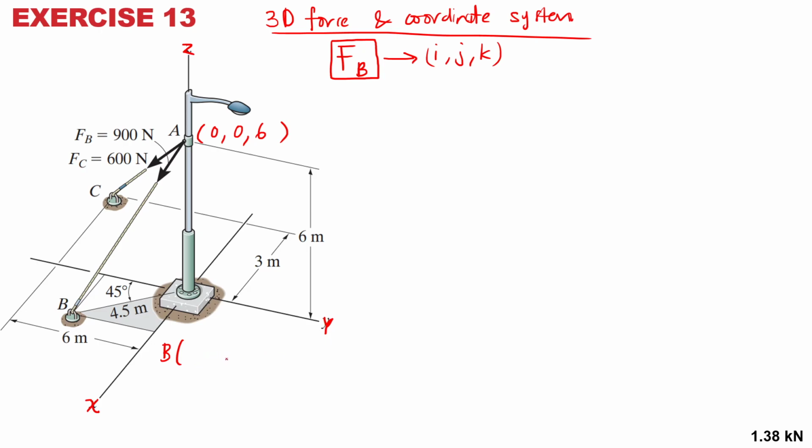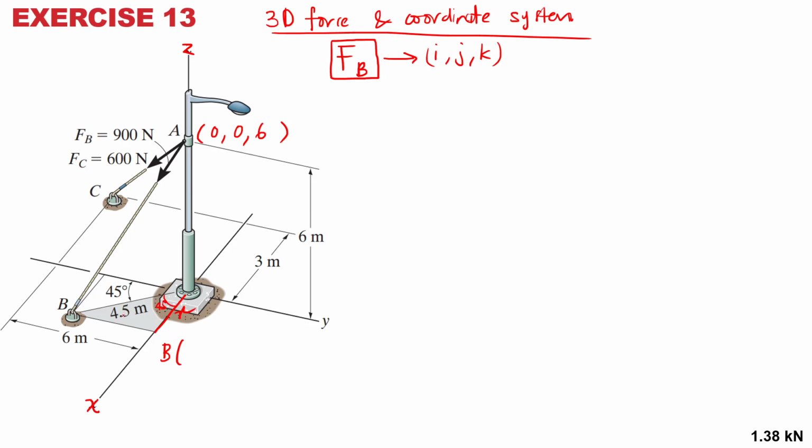You have to solve this triangle. How to solve that triangle? This one is 4.5 meter. This dimension is actually X. If this is 45, this is also the same, 45.